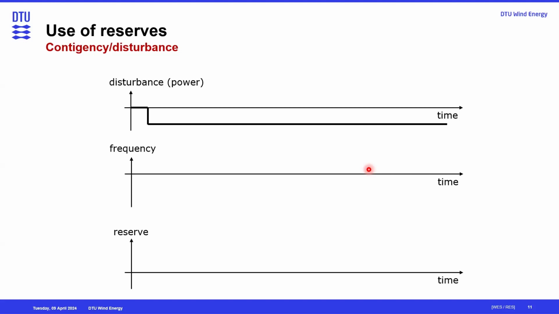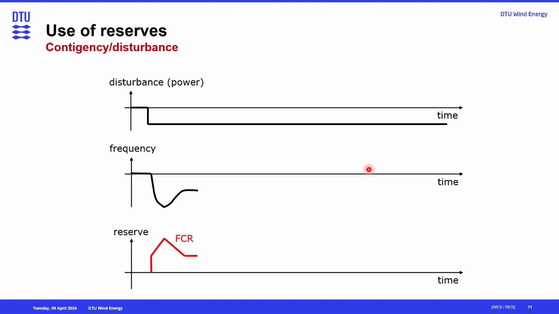So whenever a disturbance happens, the frequency goes down. Like here, we are missing generation, a large generator has gone down, so the frequency starts going down. As a result, the first line of action is some automatic reserves, which are called frequency containment reserves in Europe. In the US, it's called primary reserve.